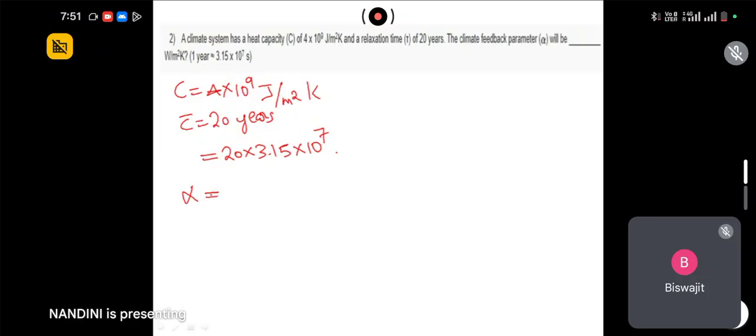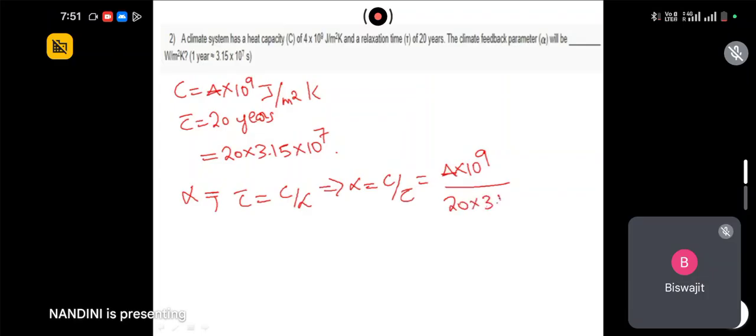So tau is defined as C by alpha, which means alpha is equal to C by tau, which is equal to 4 into 10 raised to 9 divided by 20 into 3.15 into 10 raised to 7.